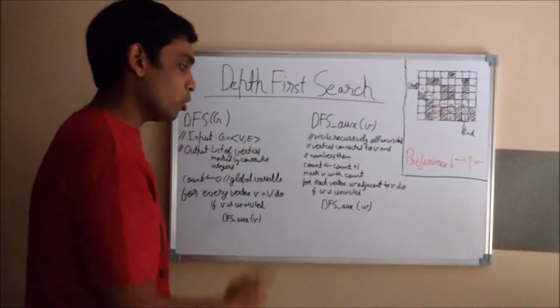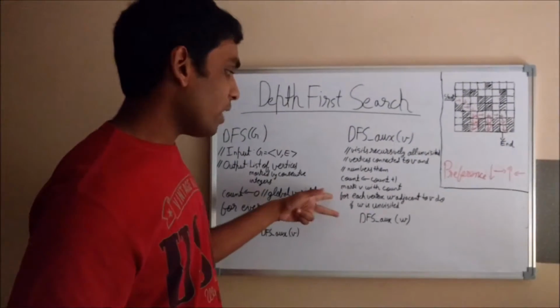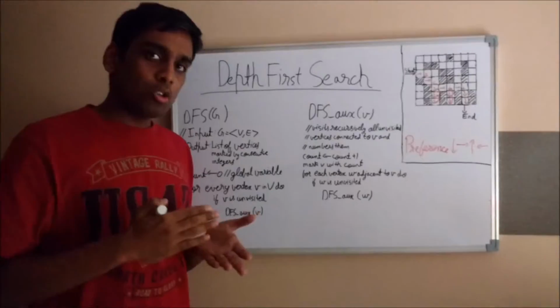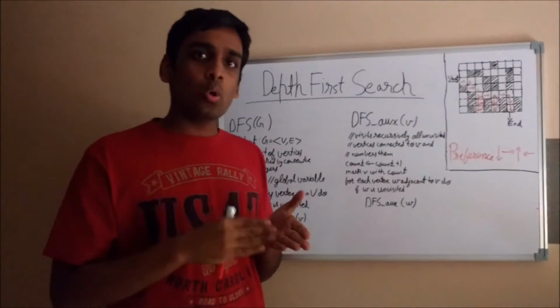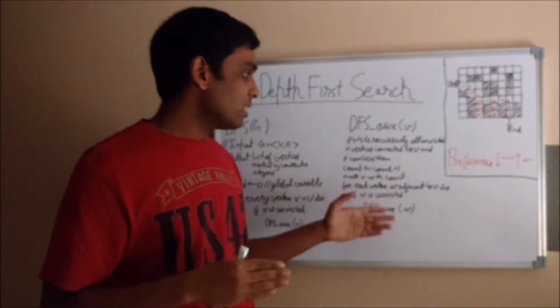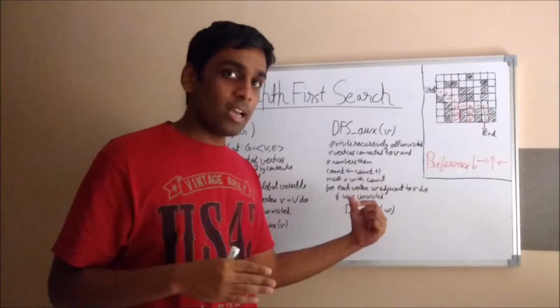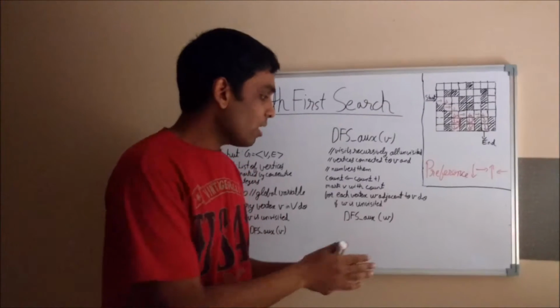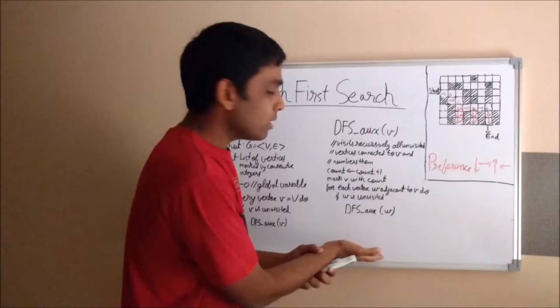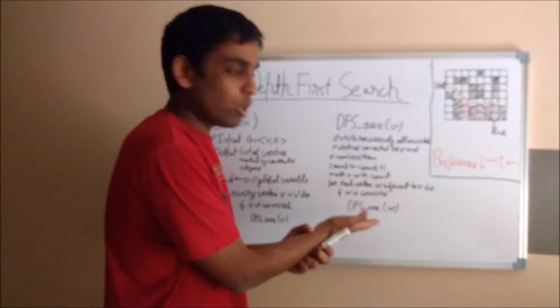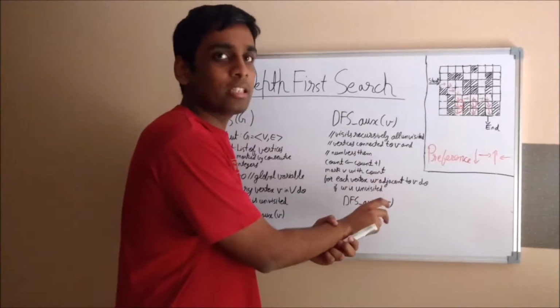Then we have an iteration. This iteration goes through all the vertices which are adjacent to vertex V, and checks whether that particular vertex W is unvisited. If it is unvisited, it will recursively call the auxiliary function with respect to that adjacent vertex.